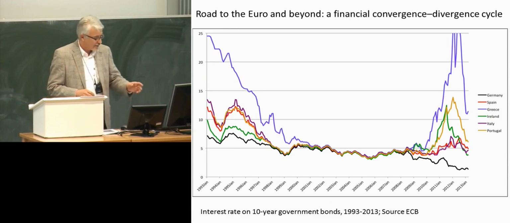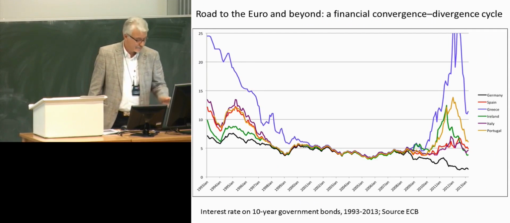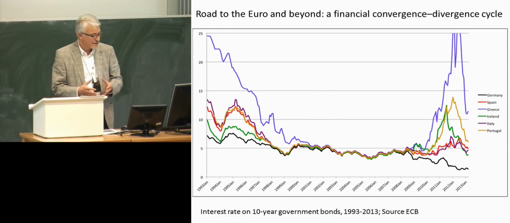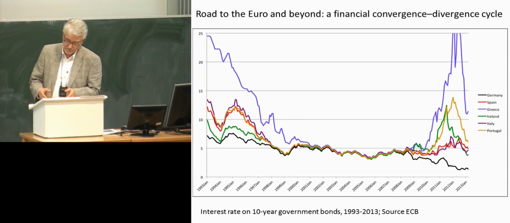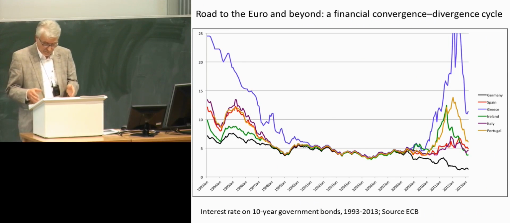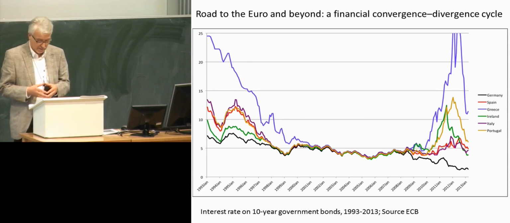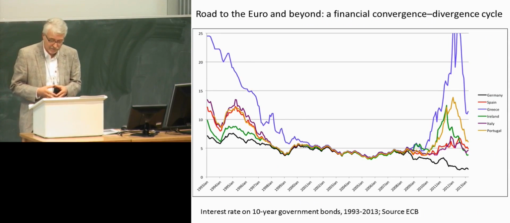Now, why did the interest rates converge here? Why did this happen? And why did this convergence freeze for some years? First of all, because investors continued to think in terms of one currency and one rate after the euro was introduced.